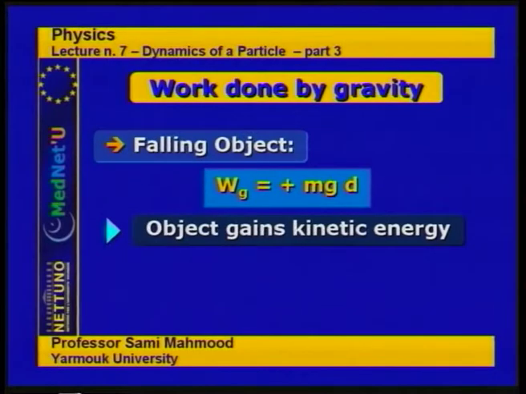This is because the direction of the displacement is the same as the direction of the force, and thus the work done by gravity is positive, and there is accordingly an increase or a gain in the kinetic energy of the object. The object gains kinetic energy.